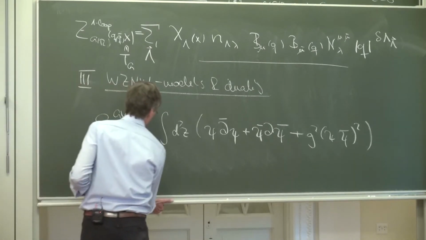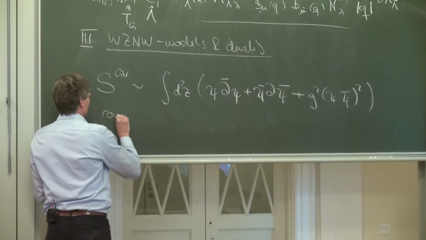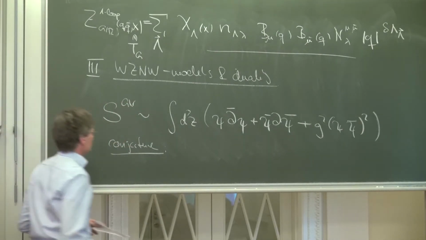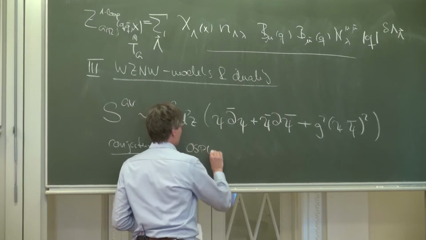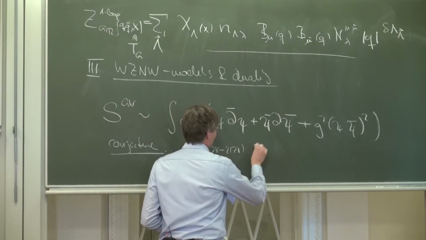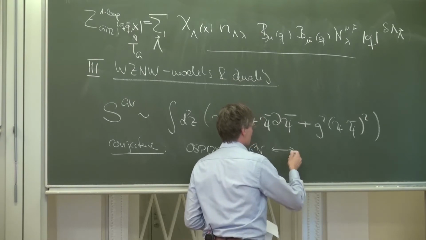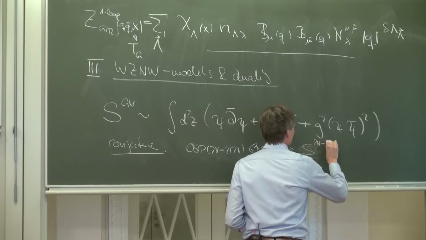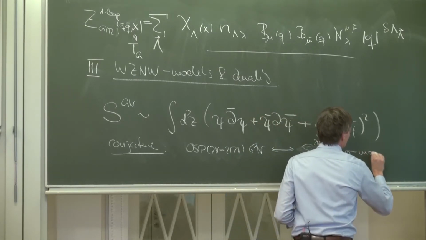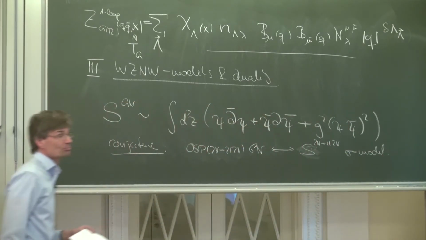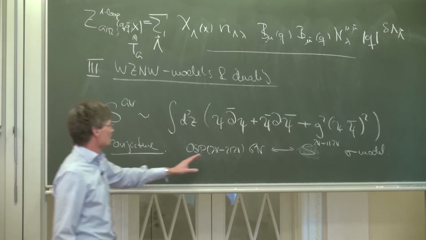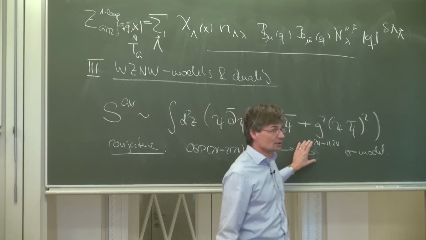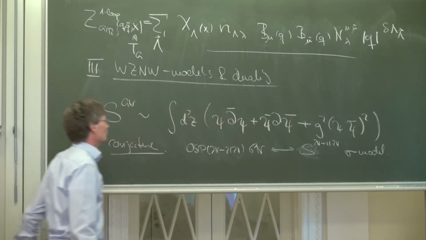And so it was conjectured that this Gross-Neveu model, OSP 2n plus 2 | 2n Gross-Neveu, is dual to the OSP S^{2n+1|2n} sigma model. Okay? So again, if n is equal to 0, then this is just the massless Thirring model, and this will just be an S1 free boson.